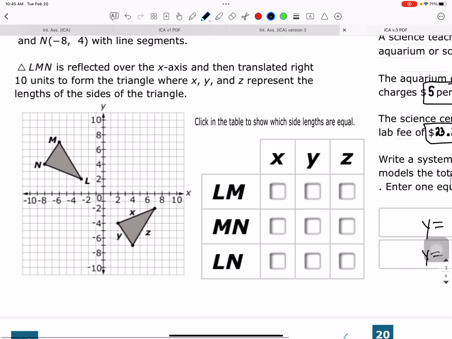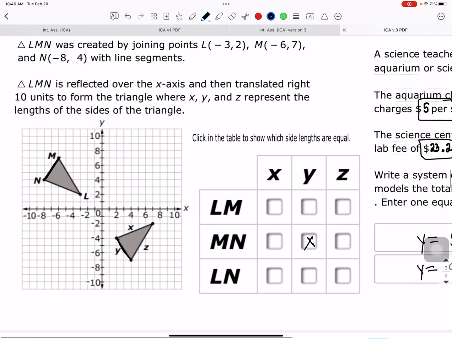17, this short side right here, MN, is this side right here, Y, so MN is Y. Let's see. It's tough to tell these apart, but if I was reflecting this over the x-axis, this L would go to here, M would go to -7, which is right there, and N would go to right there.